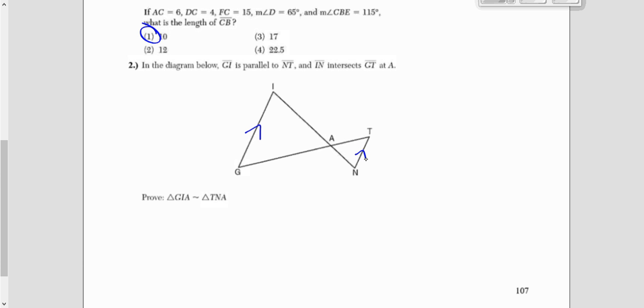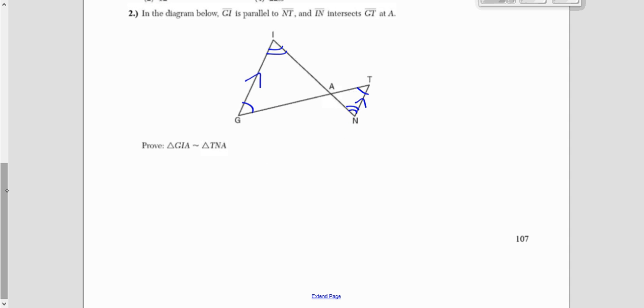Which ones would they be? Think about it. Make sure you get that right. It'd be alternate interior, right? I can get 2 pairs like that. For that reason, can I? Then I don't have to do the extra statement of reason for the vertical angles, right? So we got angle G congruent to angle T, and I to M or N. Are the triangles similar now?